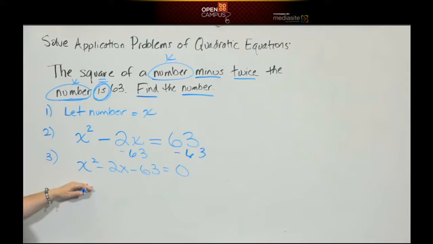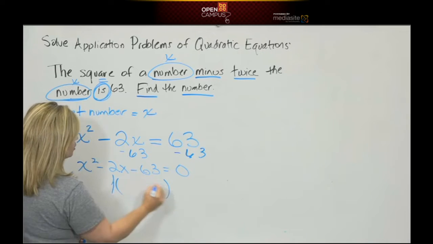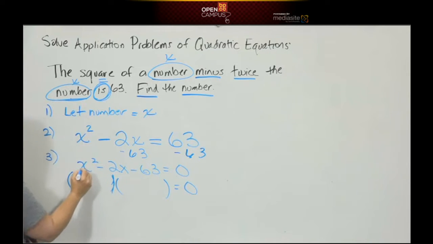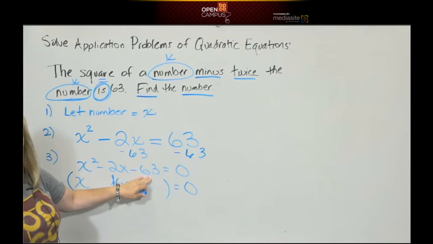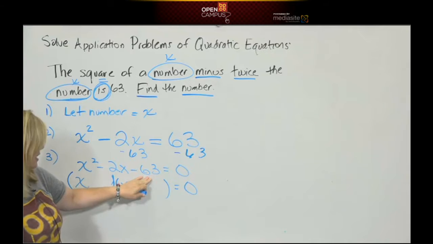Which rule of factoring would you like to use? GCF, difference of perfect squares, trinomial grouping. Well, it's a trinomial, and it's easy. It starts out as x squared, so we can do this in our head. We put our 2 sets of parentheses. X squared is x times x. There are lots of factors of 63: 1 and 63, 3 and 21, 7 and 9, yes.